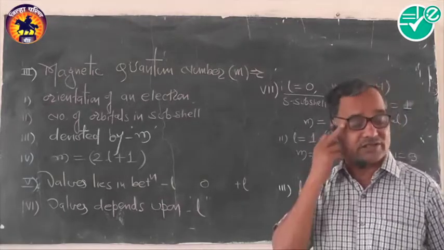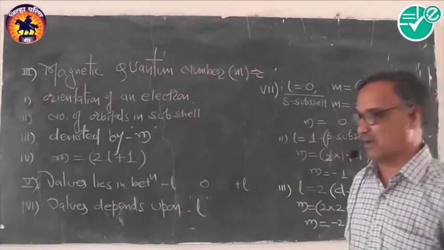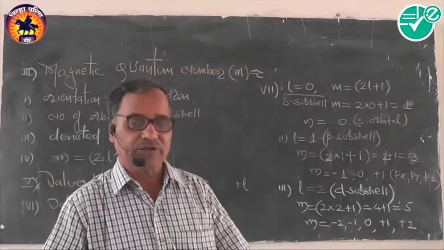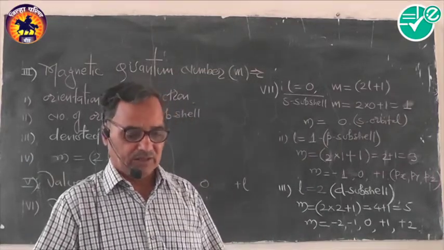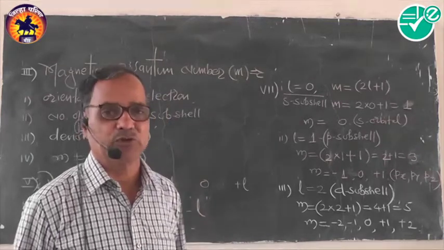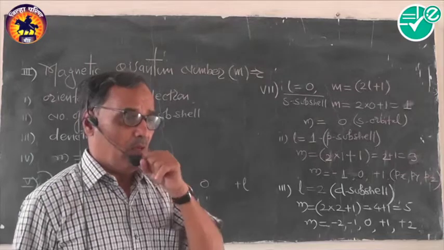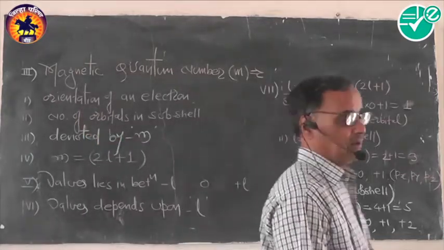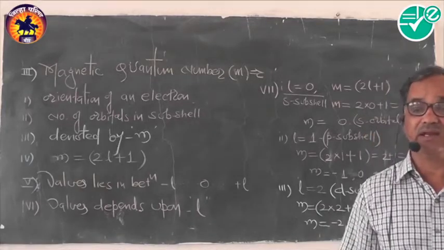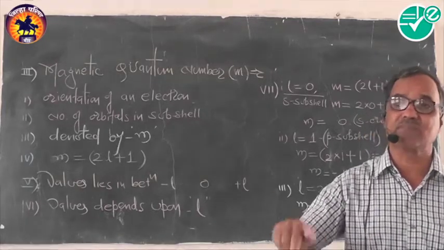Now in today's lecture, the third quantum number, called the magnetic quantum number, also gives the exact or perfect position of an electron in the main energy level, in the sub-energy level, and in the orbitals present in the sub-energy level.